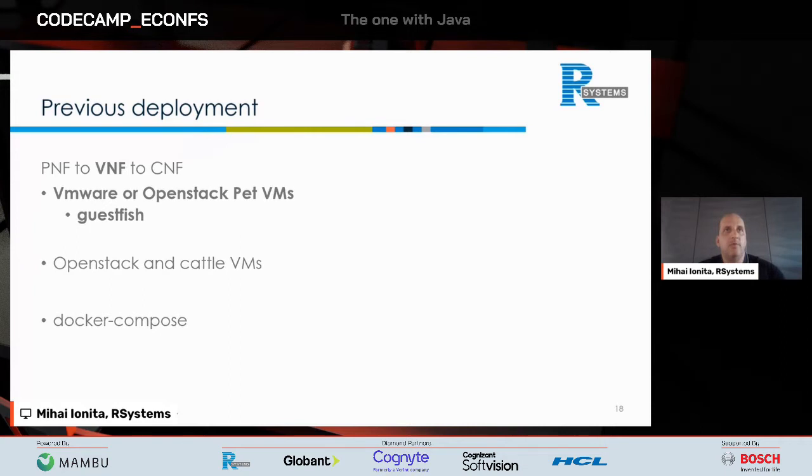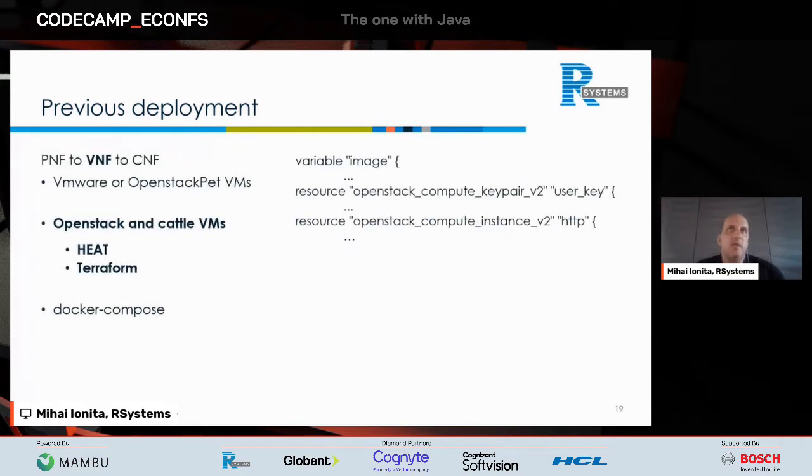And then there was OpenStack and cattle VMs. Cattle as in they don't require so much maintenance, and we treat them all the same. So for the test deployment, we were using OpenStack with orchestration. This was done in two ways, with Heat and Terraform.